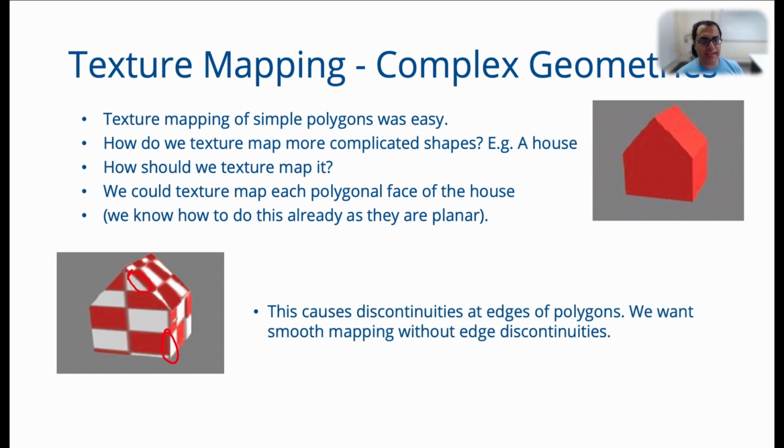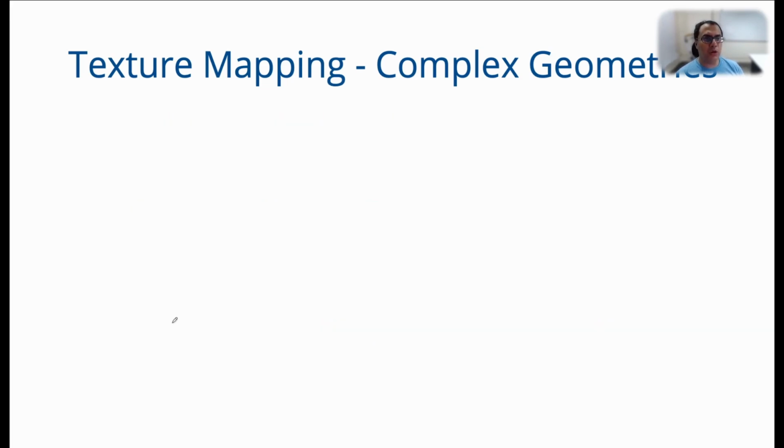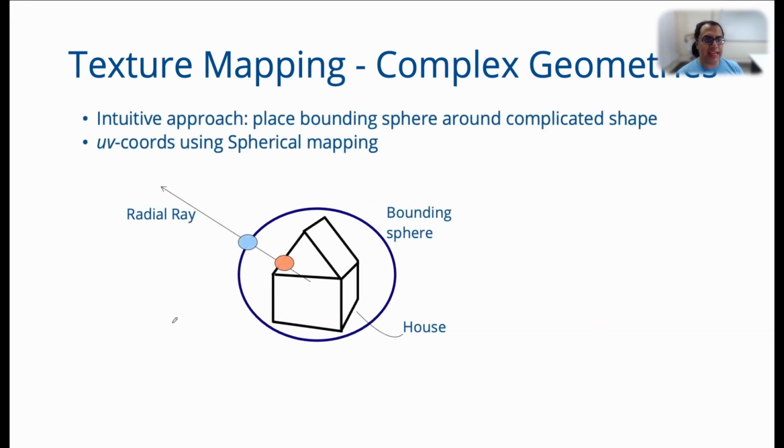One of the ways of getting around this is to enclose your complex geometry inside a bounding sphere. Do your texture mapping on the bounding sphere, and then when you want to figure out the texture coordinate for a point on this complex geometry, you simply shoot a radial ray from this point outwards, and wherever it hits the bounding sphere, you take the texture coordinate of that point and use that to do the mapping on the complex geometry.